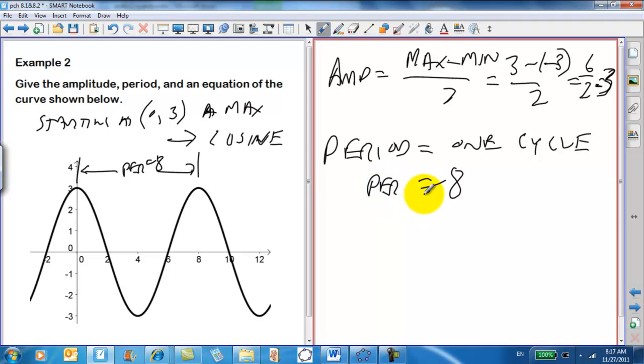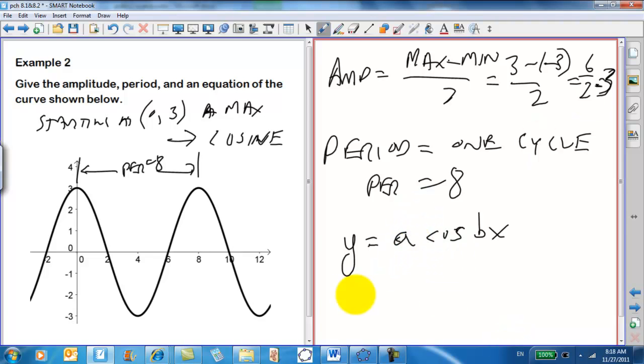Well, now for coming up with the equation, we've got the amplitude, that's a coefficient in front, and you get y equals a times the cosine of bx, where a is the amplitude, and the period is 2 pi divided by b.